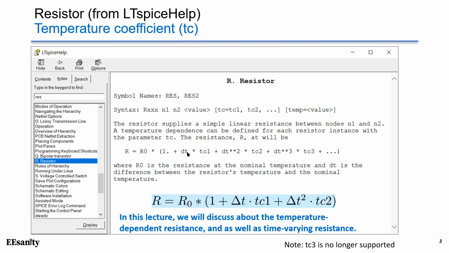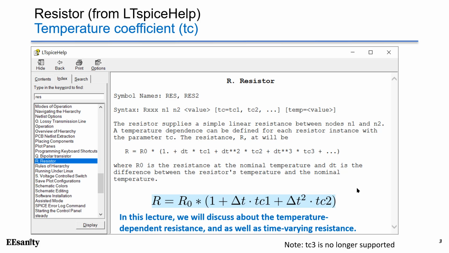The following function defines the temperature-dependent resistance. The nominal value is R0 times (1 + dt). dt is the delta T. Delta T is the difference between the resistance operating temperature and the nominal temperature. The same resistance equation is rewritten in blue.